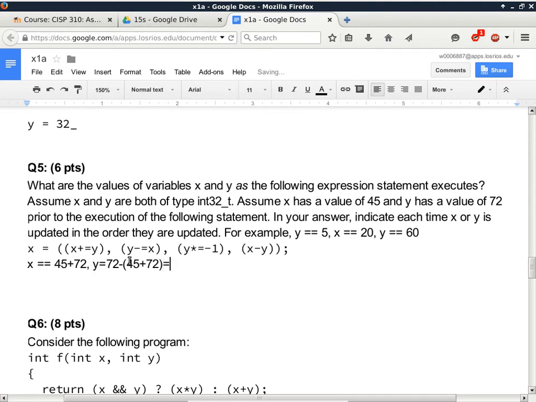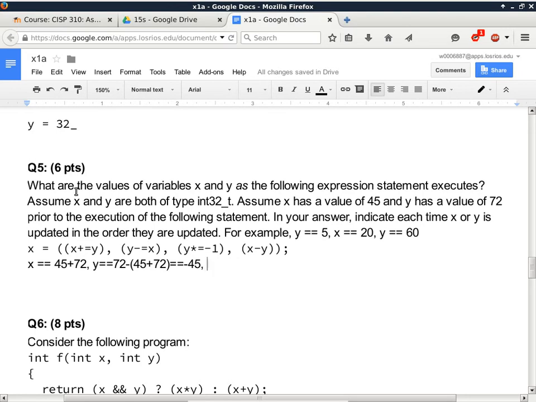Now you can simplify this whole thing and say, oh, okay, we know what this is. Okay, use double equal symbol. Because this 72 is going to cancel out this 72 that is in parentheses after the subtraction. So we really only end up with negative 45 in this case. But we're still doing okay so far with the second update, which is occurring to variable y.